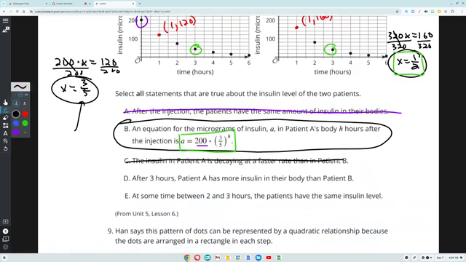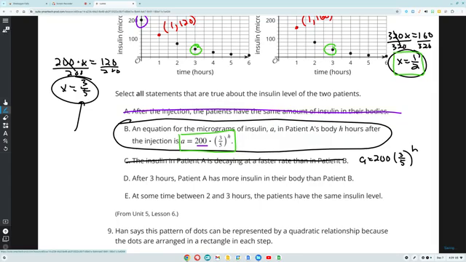So patient A, we already know that A is equal to 200 times 3/5 raised to the h power. And patient B, we started at 320 and I was multiplying by 1/2.